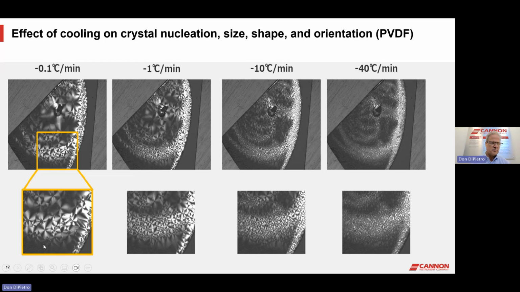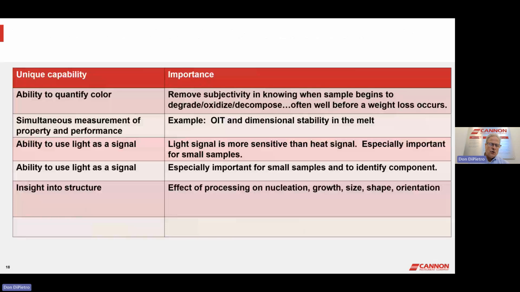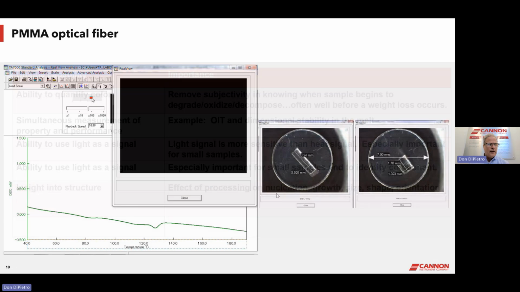And finally, on the opposite end of the spectrum, we have really large crystal sites. So this is also important for those people looking at structure when they're looking at things like nucleation density and size and shape and orientation. I think that's self-explanatory in that example.